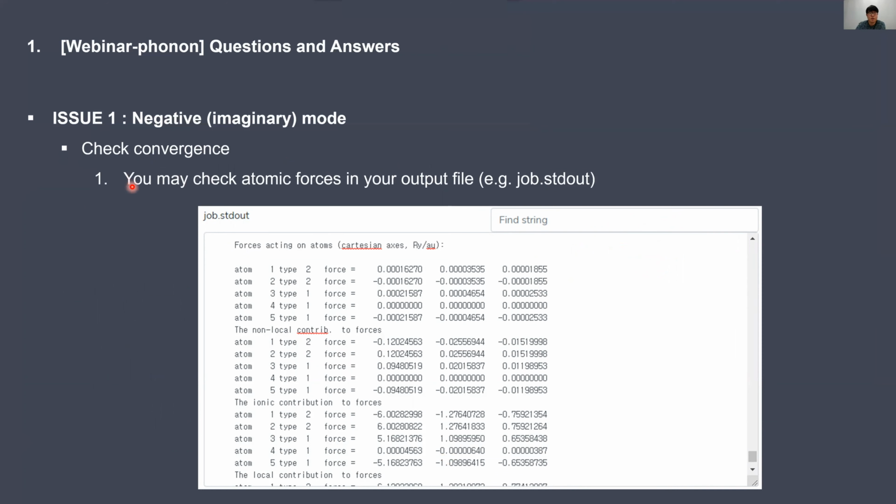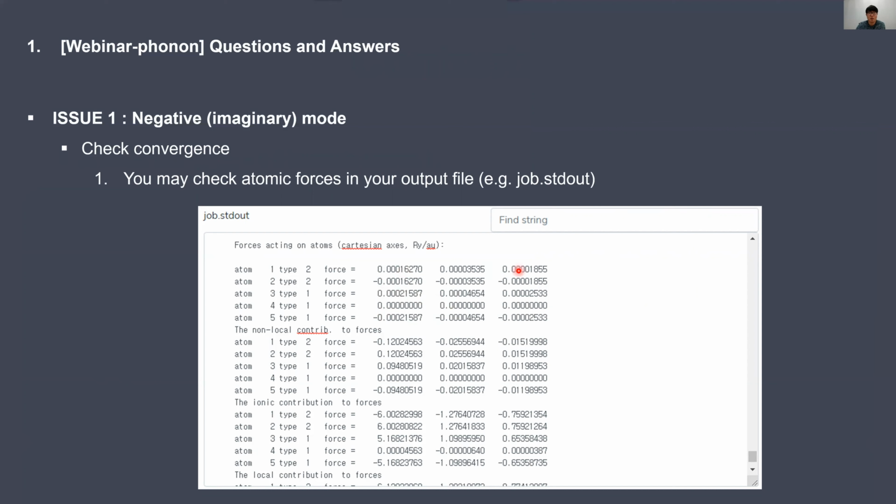You may check the atomic force in your output file in Materials Square. When you go to the JavaScript file, you can see the atomic forces. A fully converged structure will have forces that are almost zero. You can see the first type is not zero, not zero, not zero, but type 4 is almost zero, this one exactly zero, so this is well converged.